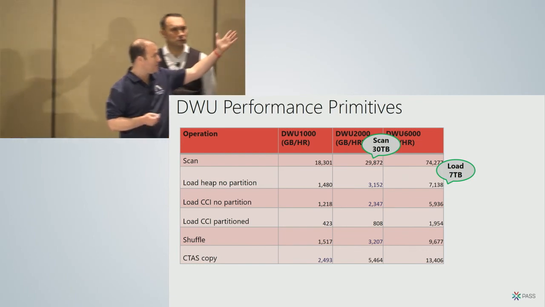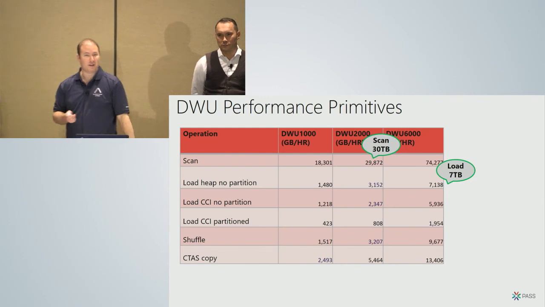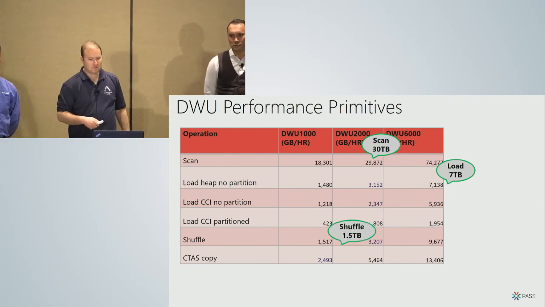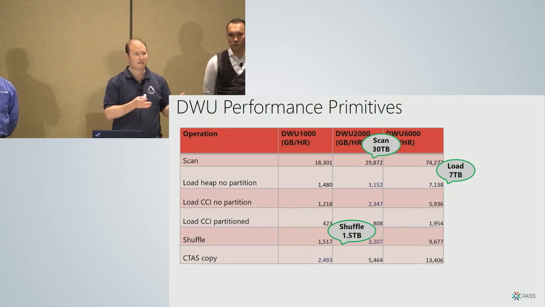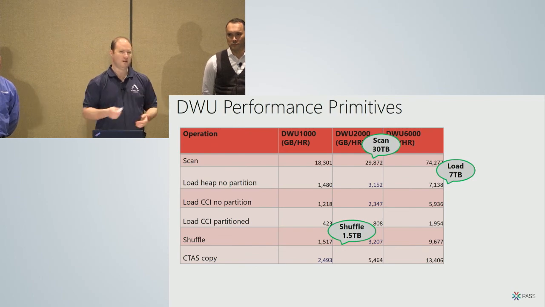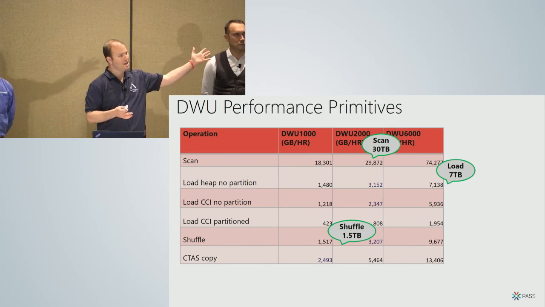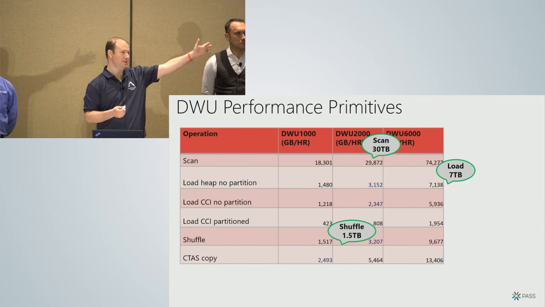You can see with the DW 2000, you're approaching a scan of, say, 30 terabytes. And as an example, if you needed to troubleshoot, and you were seeing some shuffle or some data operations across compute nodes, this gives you some expectations on relative numbers that you'd expect to see for these DW units.